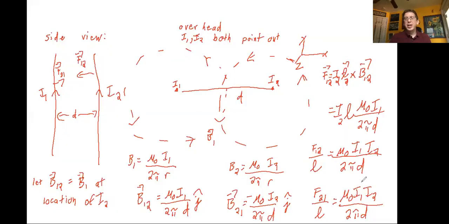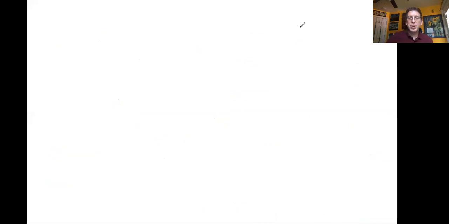So we have the magnitude of the force per unit length, and so we'll multiply both sides by L. So it's mu naught I1 I2 L over 2 pi d.